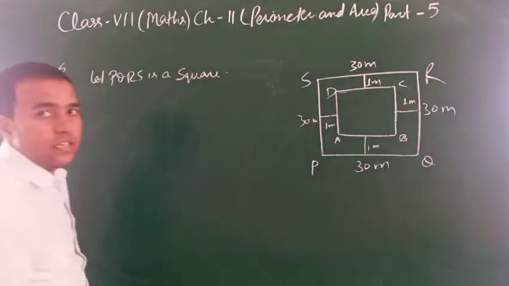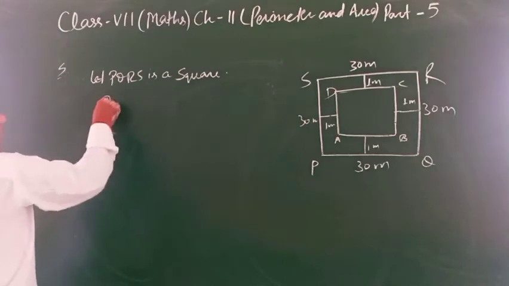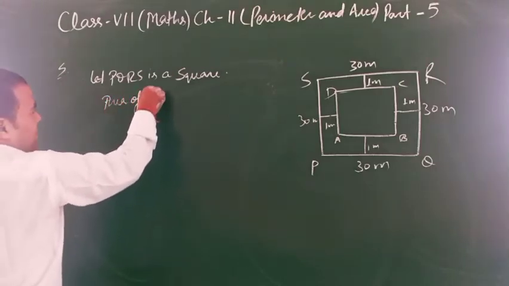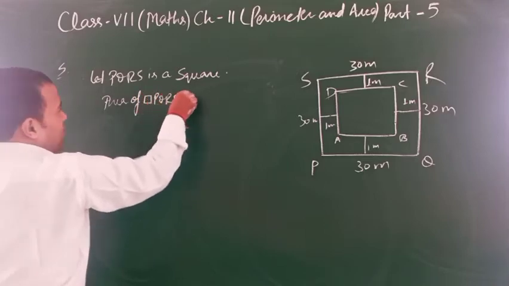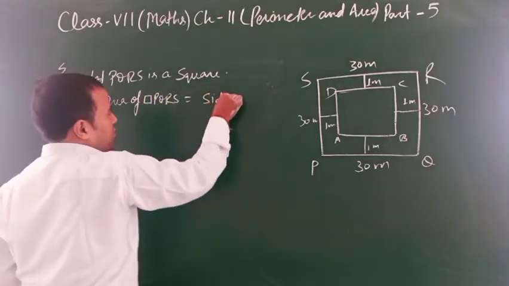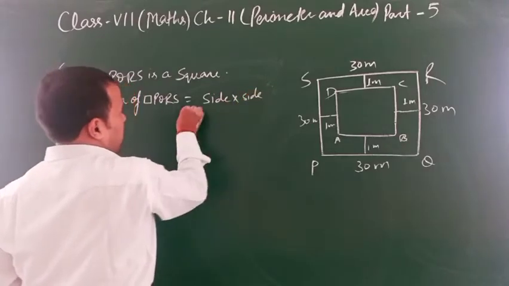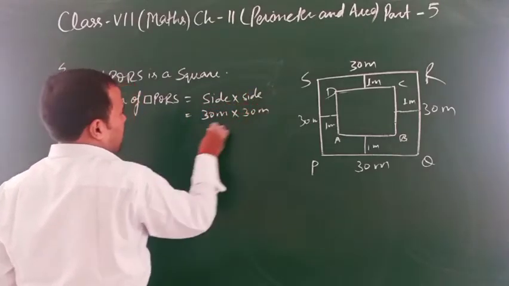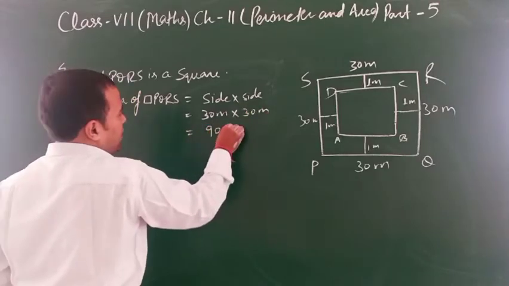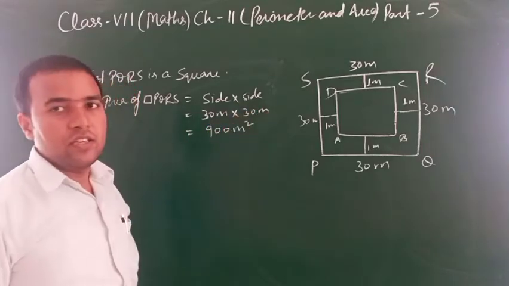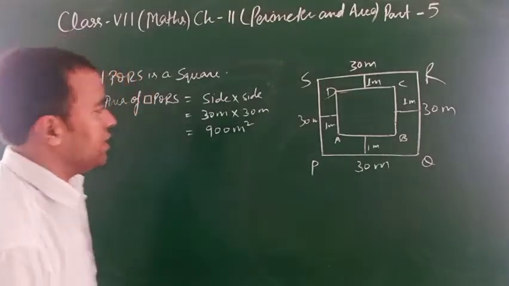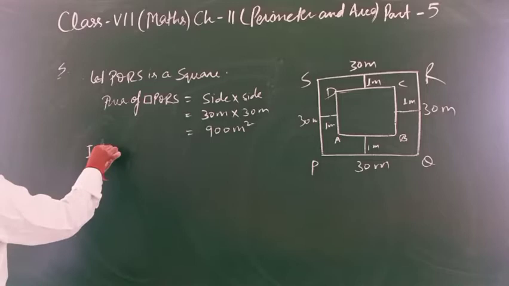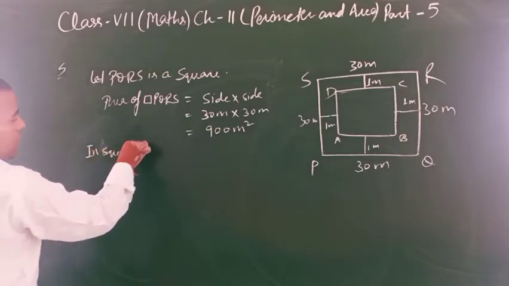Okay, so area of square PQRS is equal to side into side, which means 30 meter into 30 meter. So 3 3 is 9, 900 meter square. Is it clear? So find the length of AB in square ABCD.